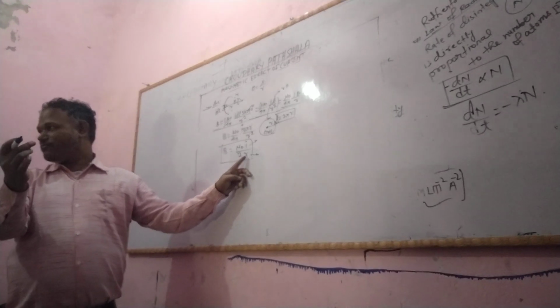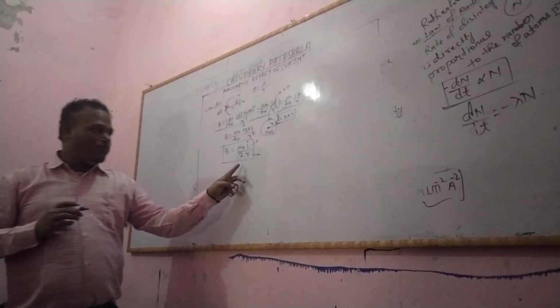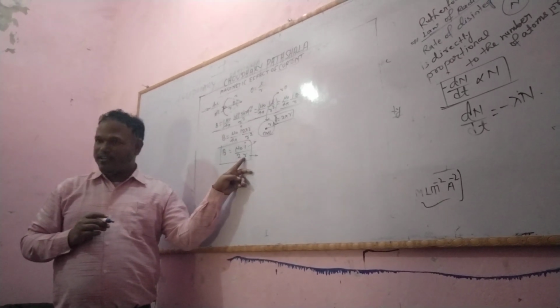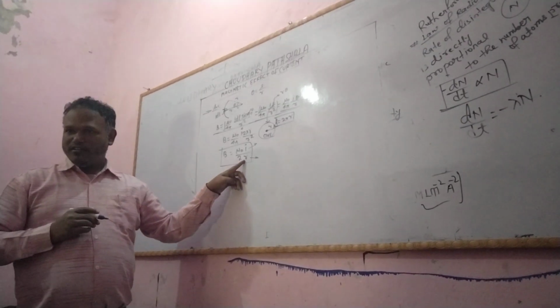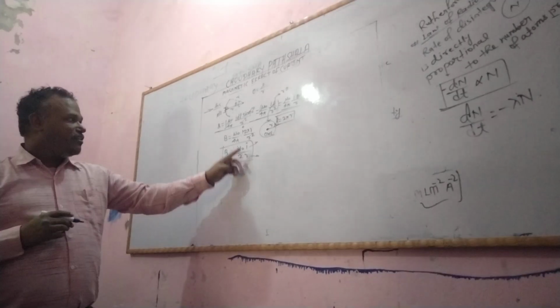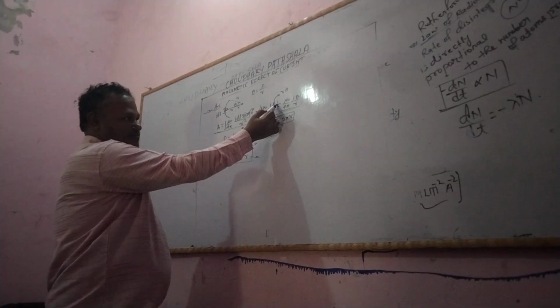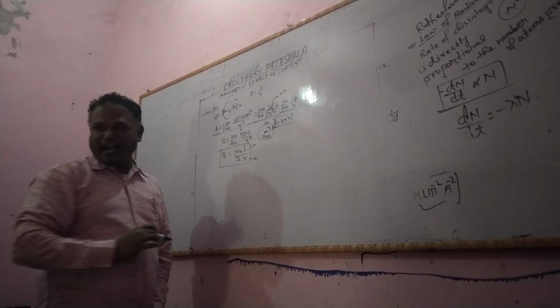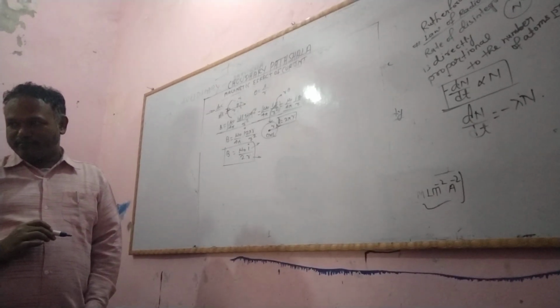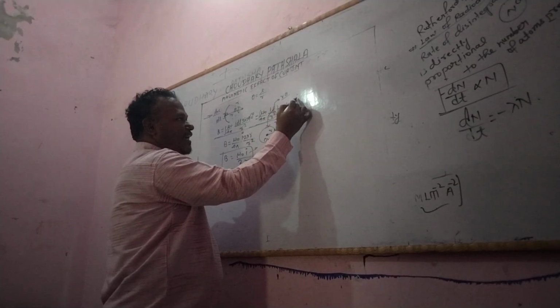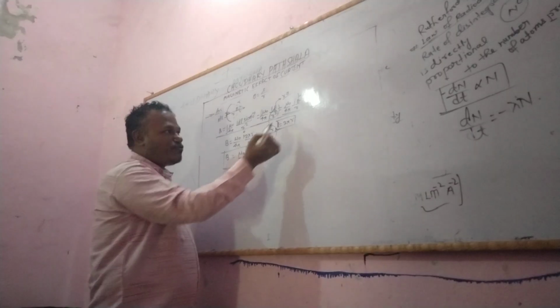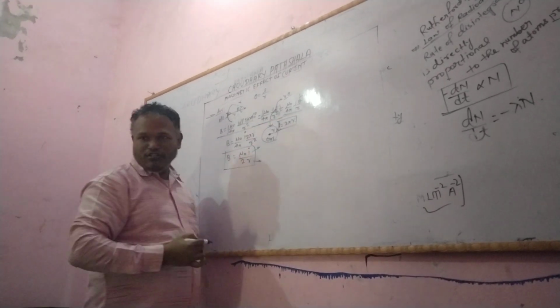If I dl is present, then there will be r square in the denominator. If the dl term is removed, then the dimension of r will also be reduced. Here I dl is present, I l is present, and that dimension is r square. And here L is removed, theta comes, theta has no dimension, so here the dimension of r is also reduced.